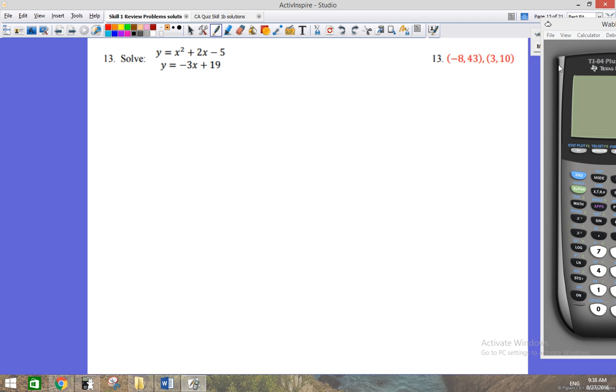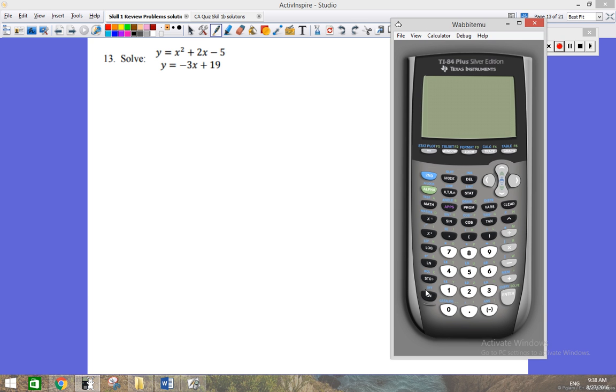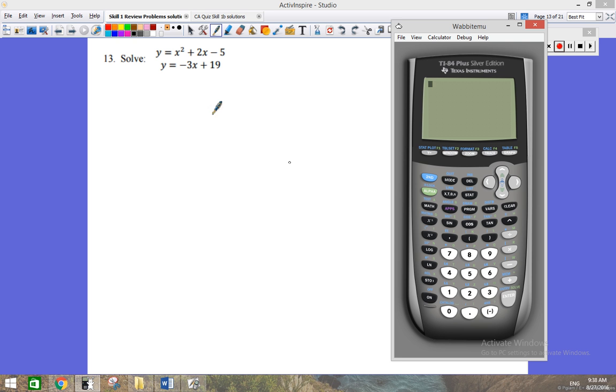All right, so here we have a system of equations. They're not linear equations. We have a parabola and a line, and I think I showed you I sketched the picture on these graphing calculators.